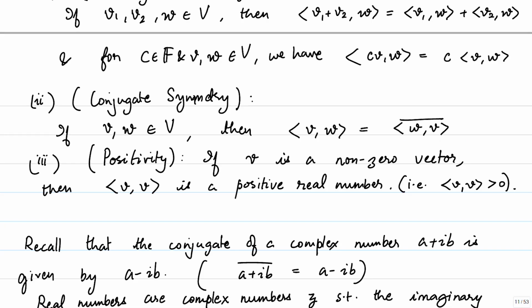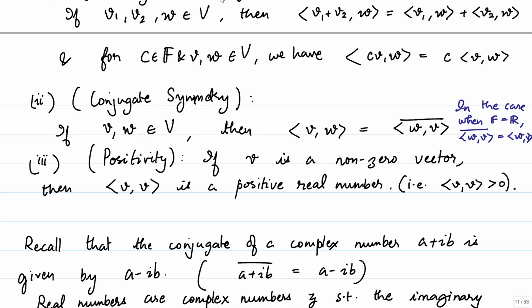So, let me just note that, in the case when F is equal to R, the conjugate of <w, v> will just turn out to be equal to <w, v>. So, conjugate symmetry is just symmetry when we are working over real vector spaces.